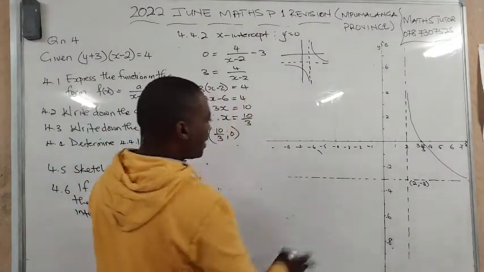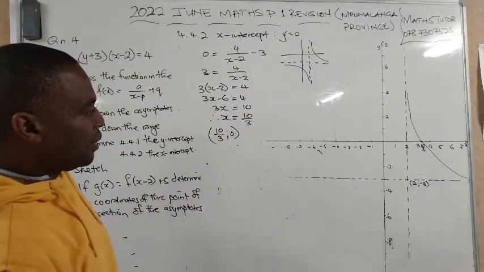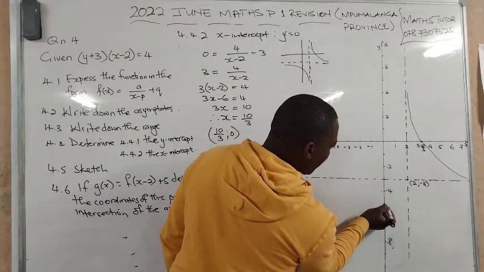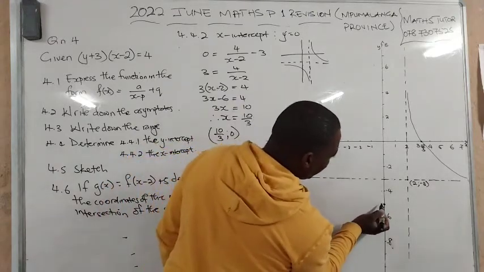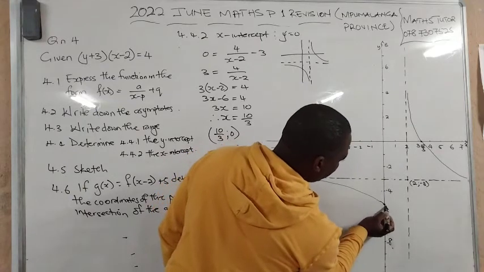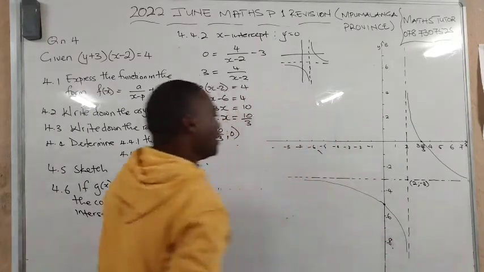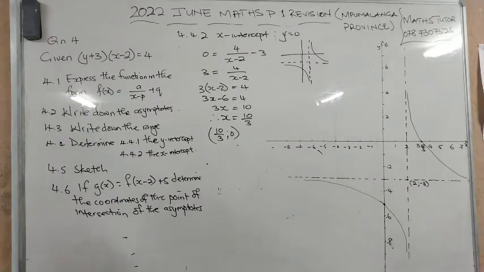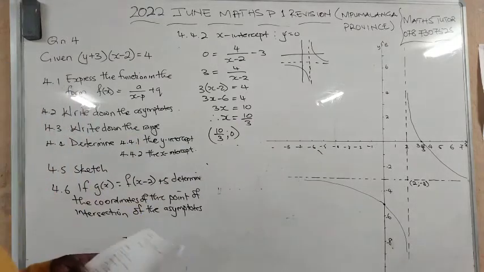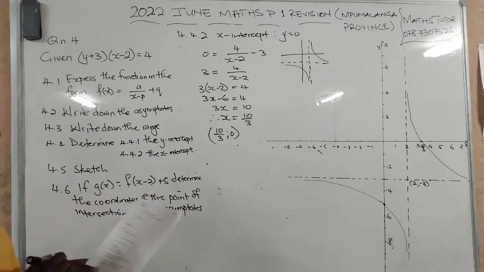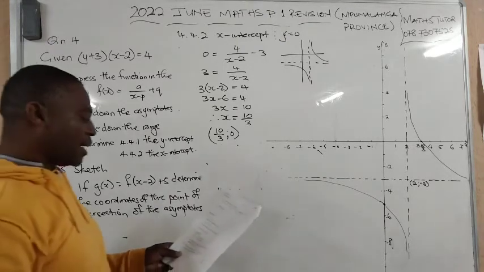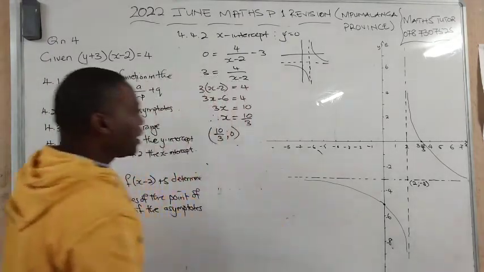Alright, and then on this side, we have said it is going to cut the y-axis at negative 5. And that is what the examiner was expecting, since they just said sketch the graph of the function showing clearly the asymptotes and the intercepts with the axes. So that's what we have done.